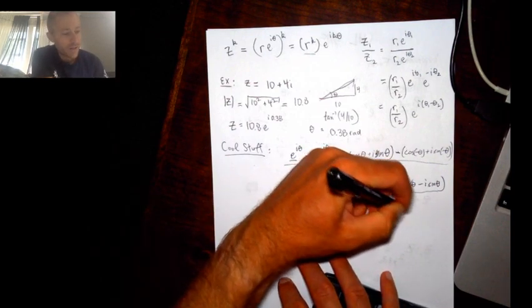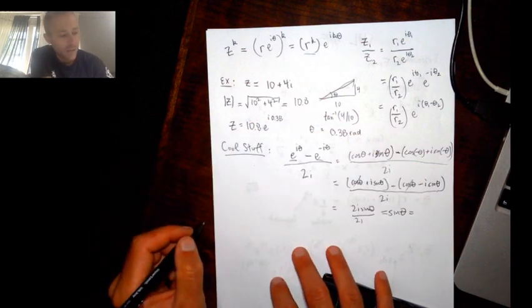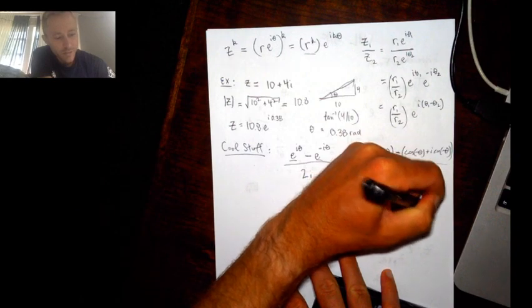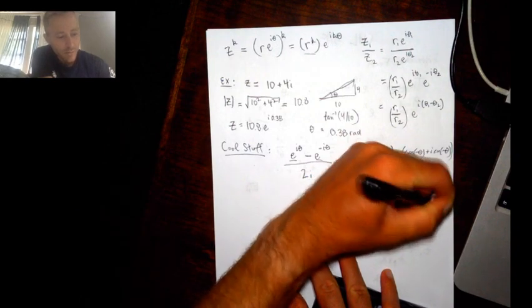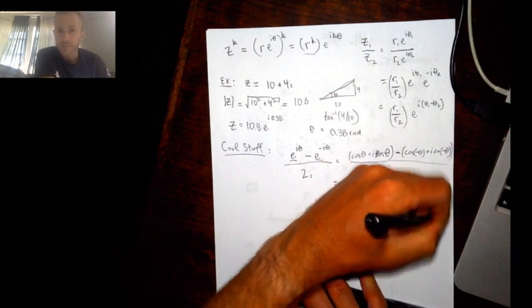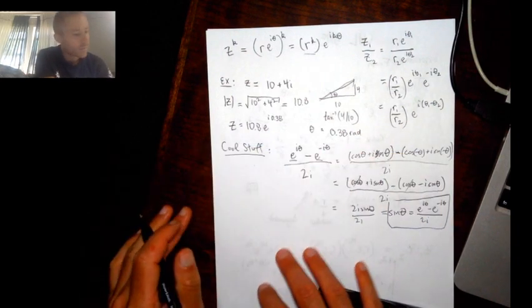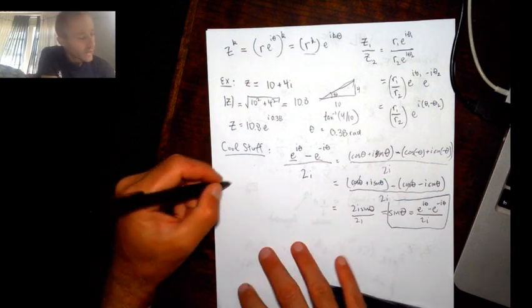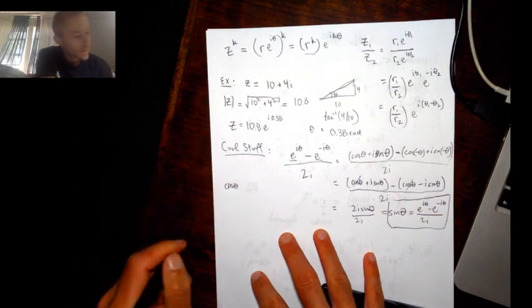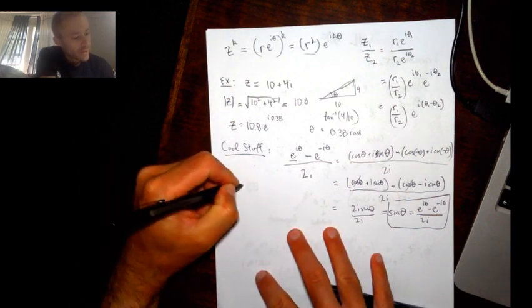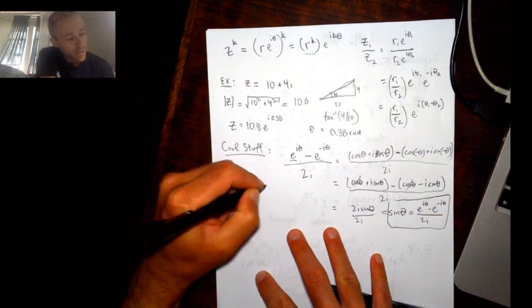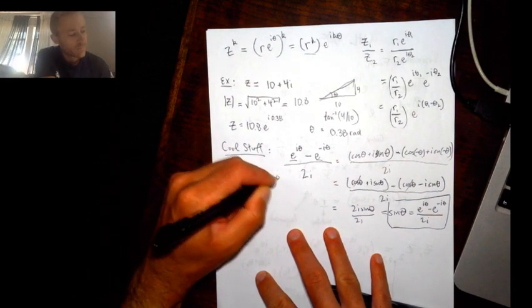So sine of theta can be written as e to the i theta minus e to the minus i theta over 2i. Similarly, it's possible to show that cosine of theta is equal to e to the i theta plus e to the minus i theta over 2.